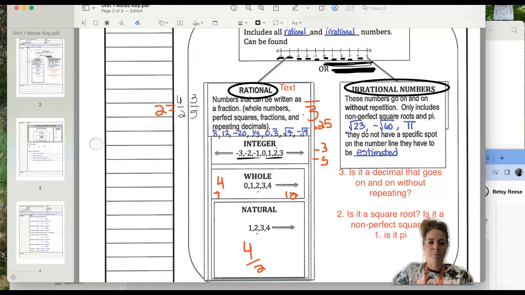Let's see, if I'm given a perfect square, like the square root of 9, all right, the square root of 9 is equal to 3, so that's going to come all the way down here. Actually, my bad, the square root of 9 comes all the way down here to natural, as does 4 and 12, but they are whole numbers as well.